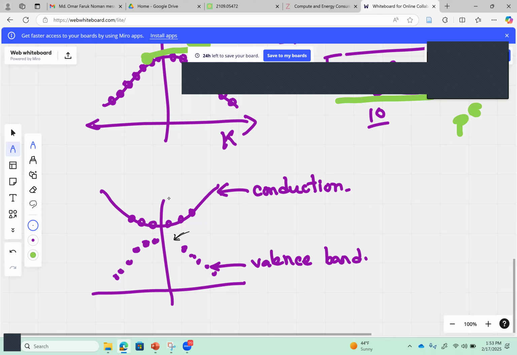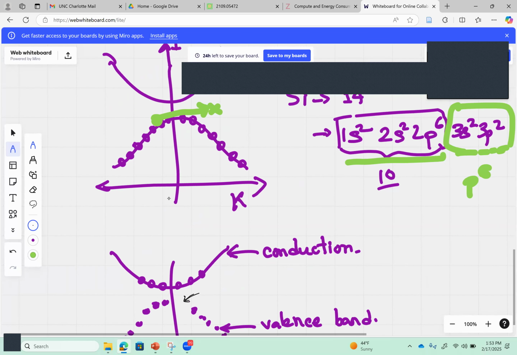Why? Because remember that in a normal case, when you have all the energy states filled up, you have an equal number of positive K states and negative K states. Do you remember that K is actually related to the momentum, p by h-bar, so mv by h-bar.